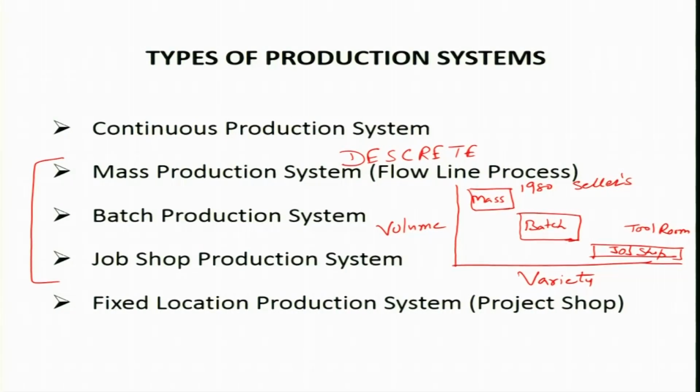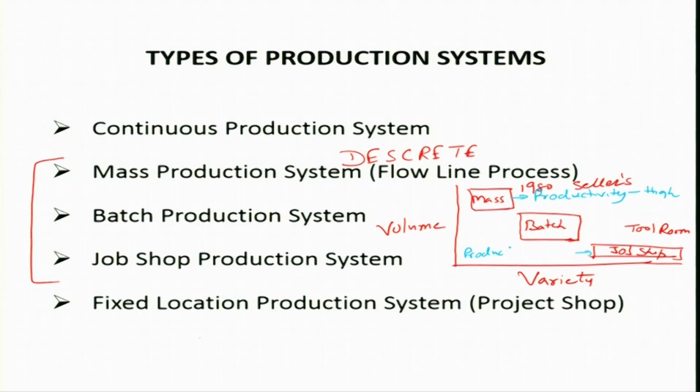You might have also observed that in case of mass production system, the productivity is very high, because you are not making any changes. Years together, months together, you are producing the same type of product. So, the productivity of this system is very high, whereas the productivity of job shop system is very low.